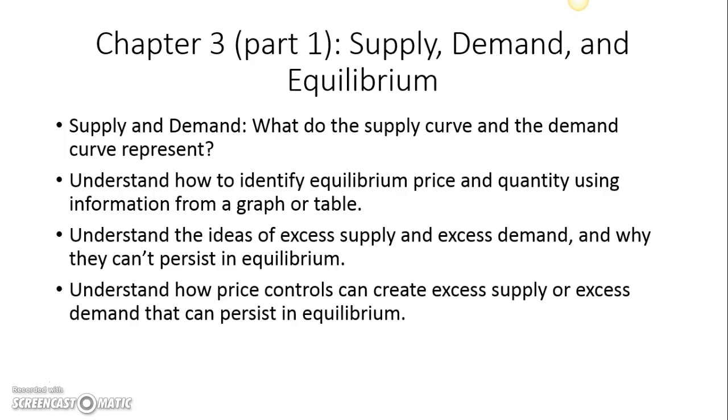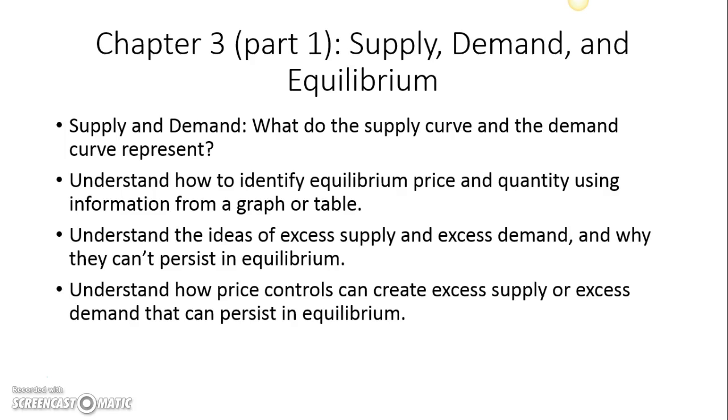When the price is below, sellers have a strong incentive to raise their price, and buyers have a strong incentive to bid up the price. And also when the price is above equilibrium and we have excess supply, sellers have a very strong incentive to cut the price. And so the only way that we can have excess supply or excess demand in equilibrium is if there's a price control involved, and that's either a price ceiling or a price floor.